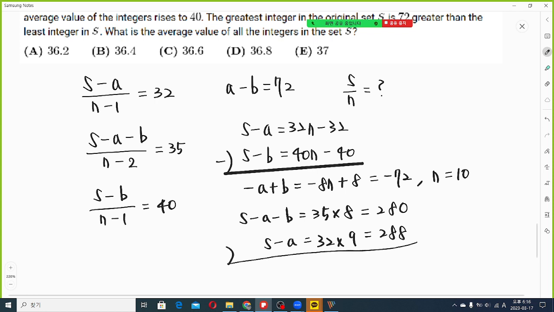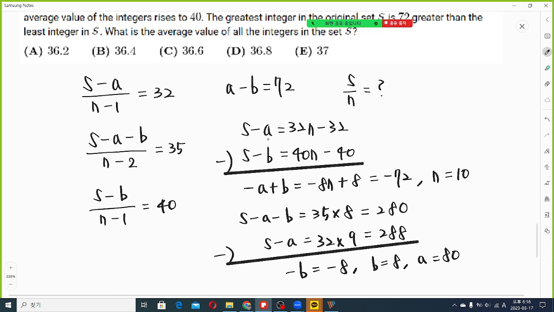So once again, subtract. So B is 8. So what is A if B is 8? Yeah, B is 8, so A is 80.